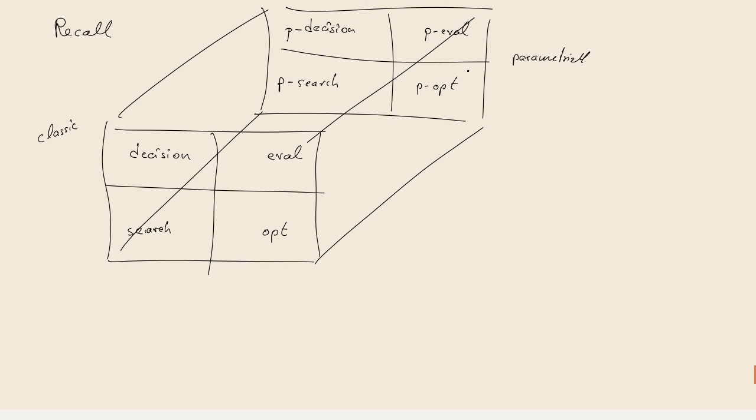So, okay, before... So the decision problems are used to study the complexity of a problem.